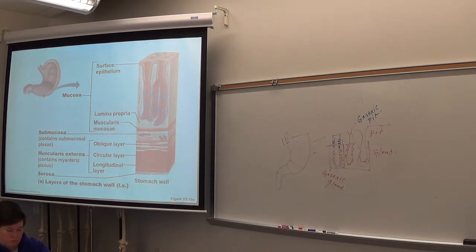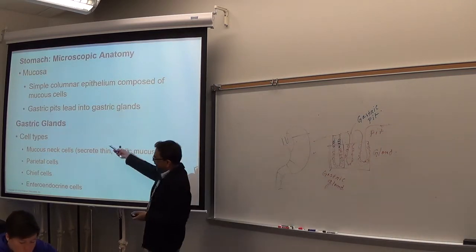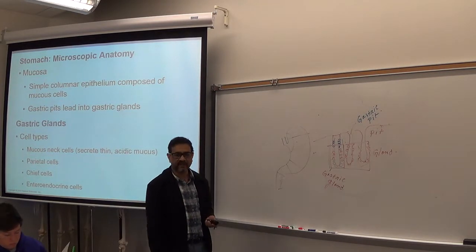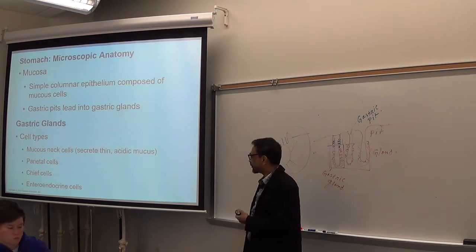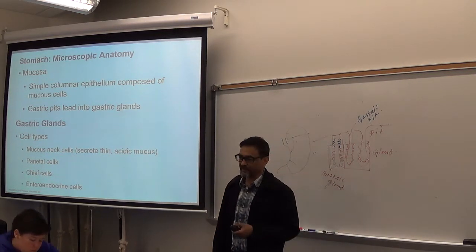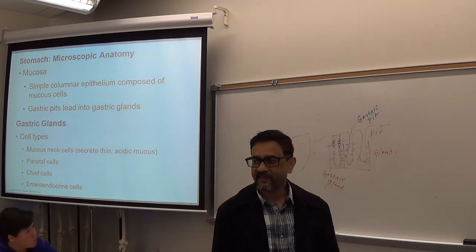In the gastric gland, you have mucous neck cells, one type of cell, and they secrete thin acidic mucus. So mucus is secreted by the mucous neck cells.